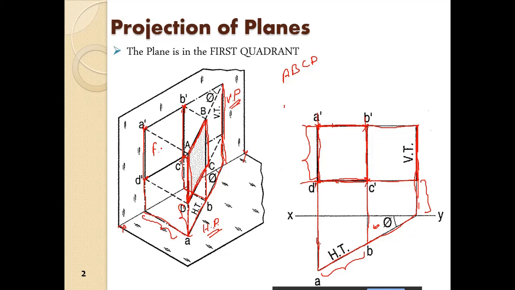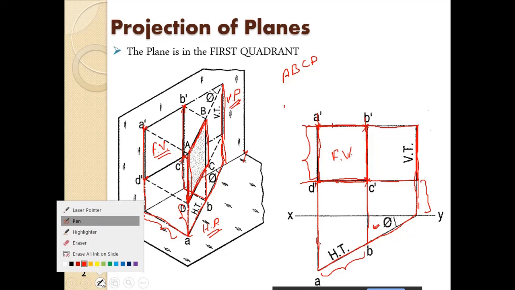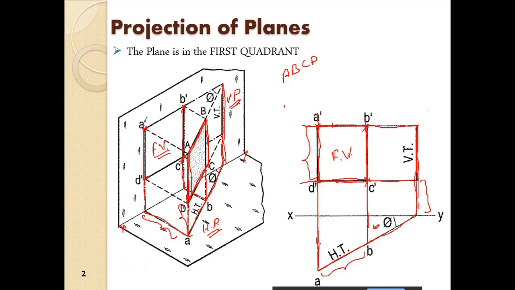So this is the front view. And if we see from top, we will see the edge AB being projected on the horizontal plane, right?